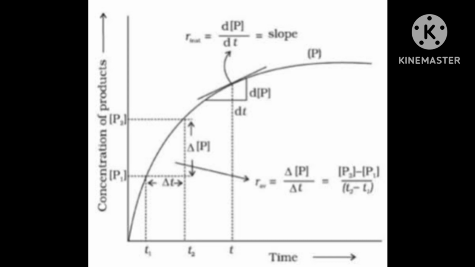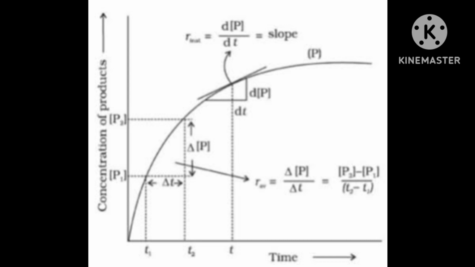For example, if you write capital A in a big bracket, you can call it the molar concentration of A. If you write B in a big bracket, it is the molar concentration of B. Likewise R in a big bracket is the molar concentration, or simply the concentration, of R, and P means product concentration.